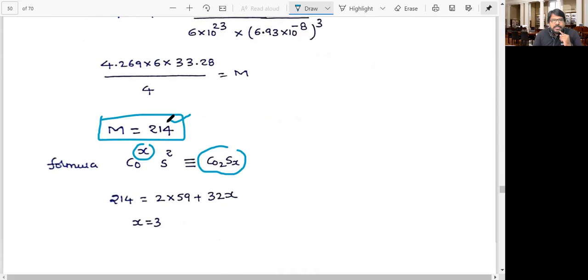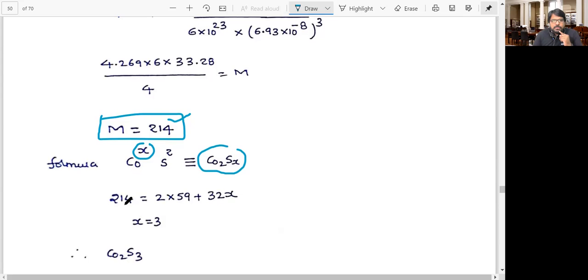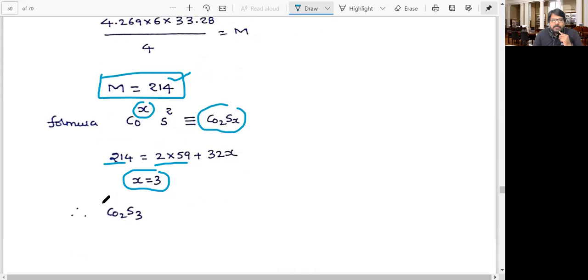So this 214 is equal to 2 into 59 plus the atomic mass of sulfur, 32, into X. And the X value we got as 3. So the molecular formula of the compound is Co2S3.